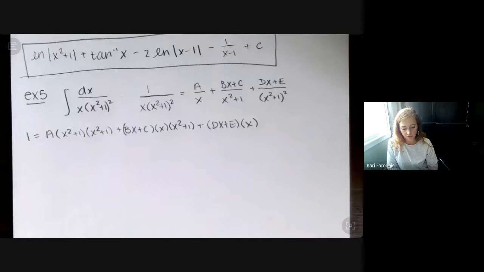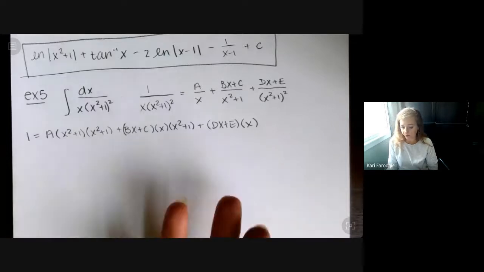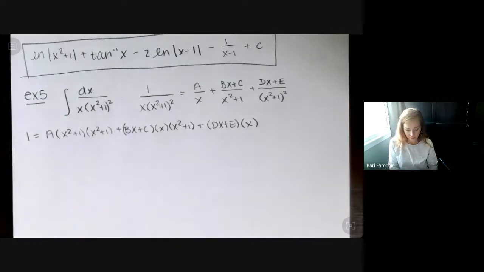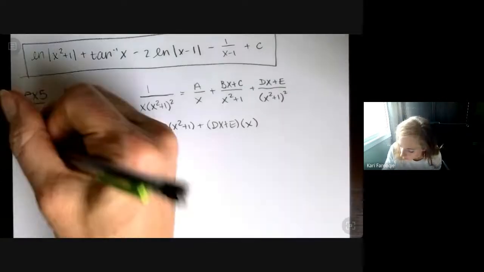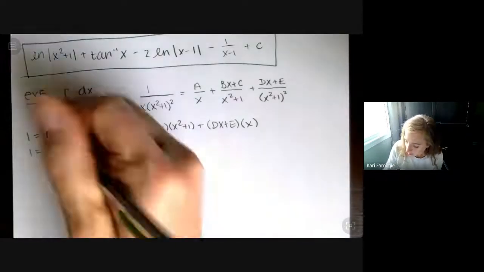So I'm going to use the method of equating coefficients again. However, if you feel like you would be able to solve this system without it, that's fine. I just think this is usually the way you do this when you have a more complicated equation. So we're going to go through, same idea here.